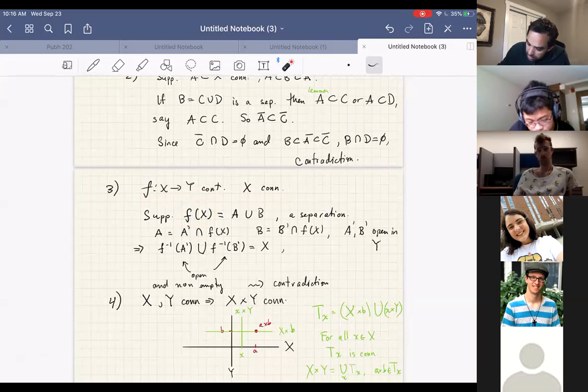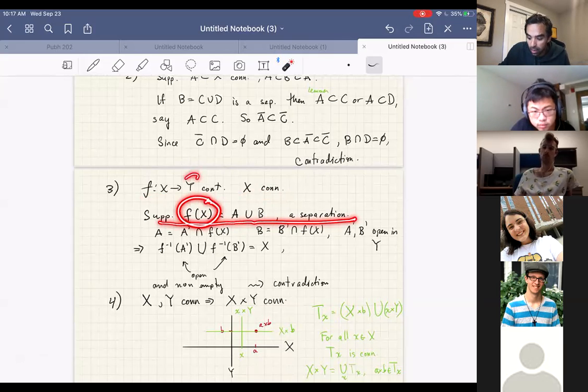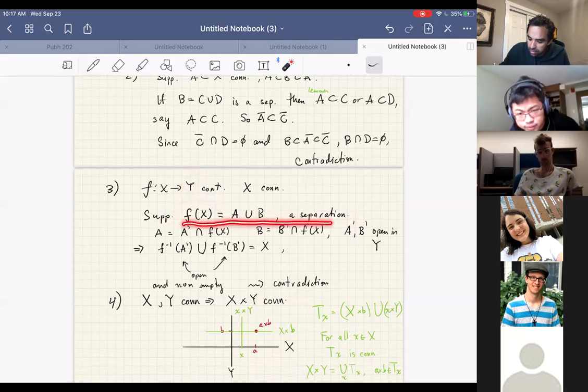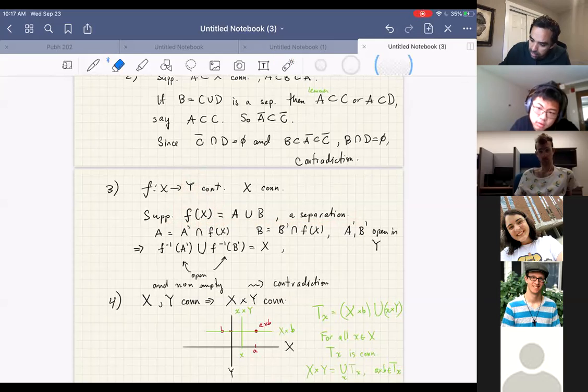Let's assume it was not connected, so we have a separation of f of X. f of X is equipped with the subspace topology induced by Y. Then this is not good notation because A prime also denotes limit points.